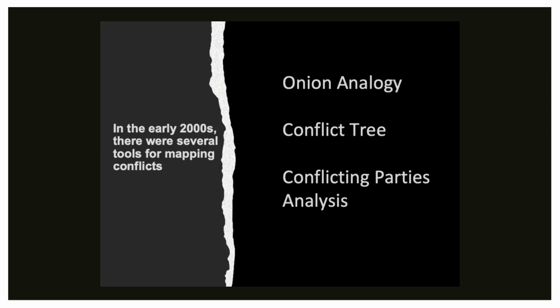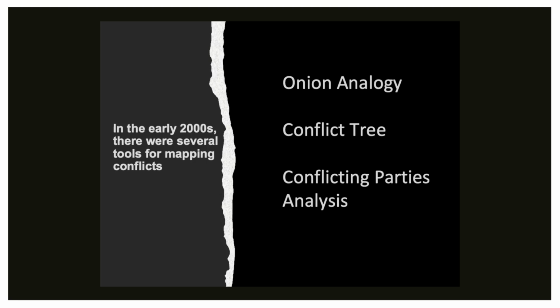In the 2000s, I found 3 kinds of tools: the onion analogy, the conflict tree tool, and conflicting party analysis. These tools diagnose the conflict situation on the ground.